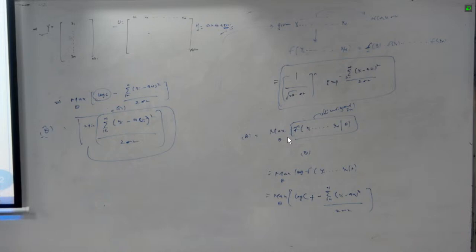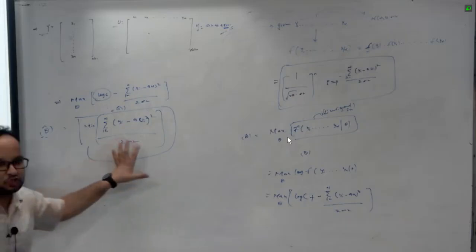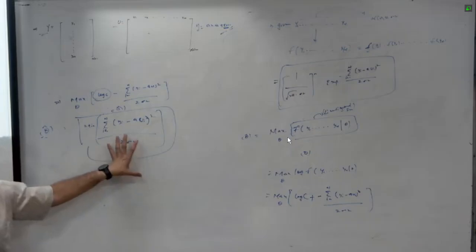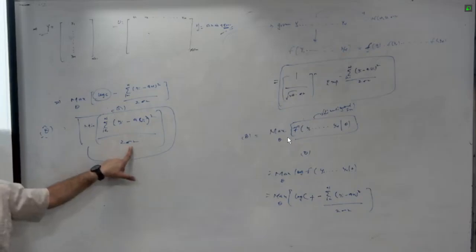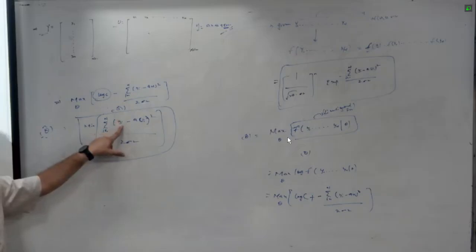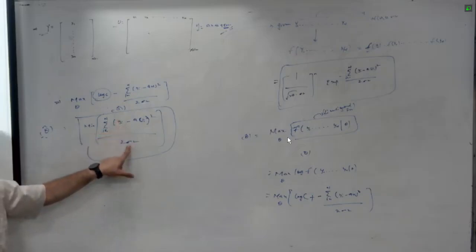You take log. It's a square error, and it's a weighted one. It's a kind of weighted least squares. It's not just a least squares problem. This is a weighted least squares because you have 1 by 2 sigma square dividing. Sigma square is the variance of your measurement variable. Depending upon which measurement you are considering, the uncertainty is different.